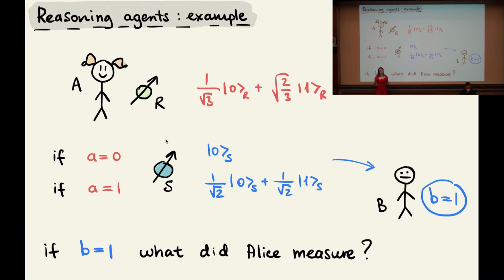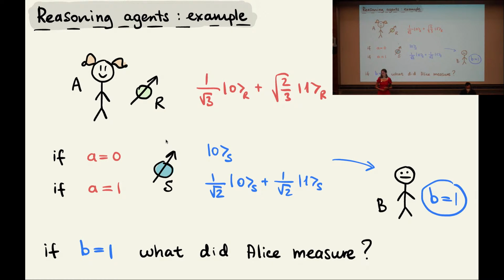Then Alice finishes her job, very quickly walks out of the lab and goes to the bar to have a wine. However, now Bob arrives at the lab, and he's very curious about which result Alice got in her measurement. But everything Bob has access to is the system S. So Bob measures system S, gets outcome 1, and now he wonders, what did Alice get? I cannot ask her directly, she's already gone, but maybe I can reason about it.